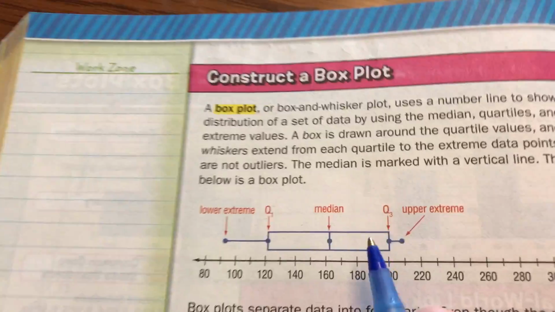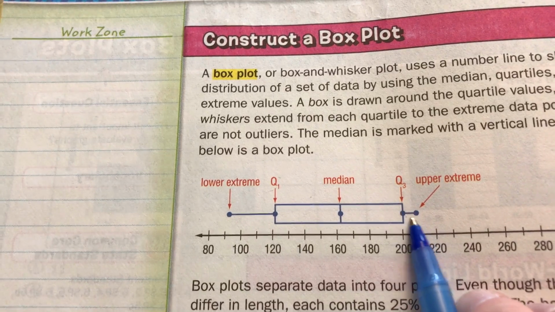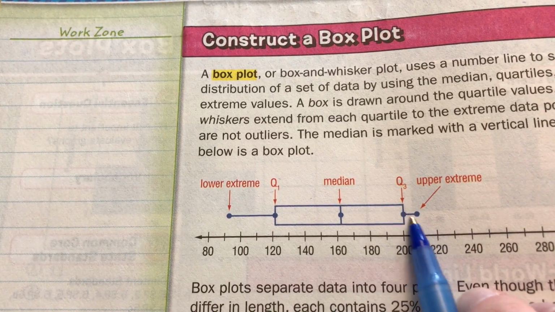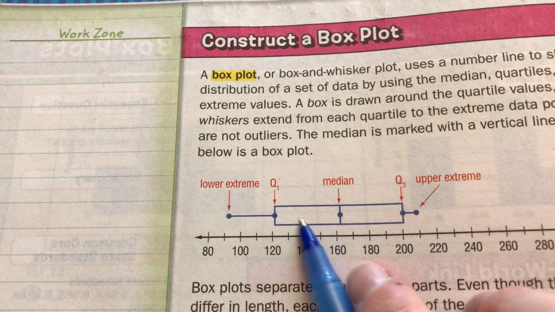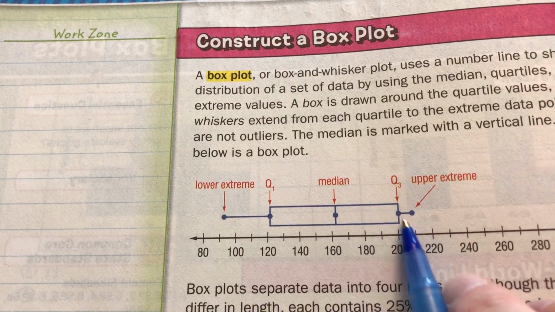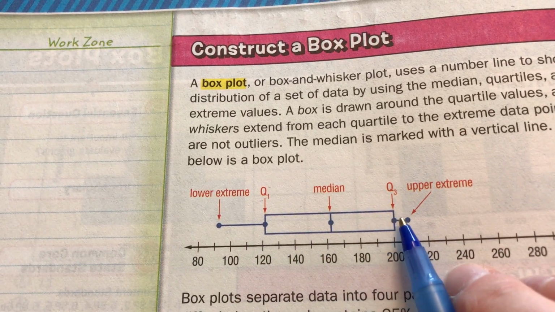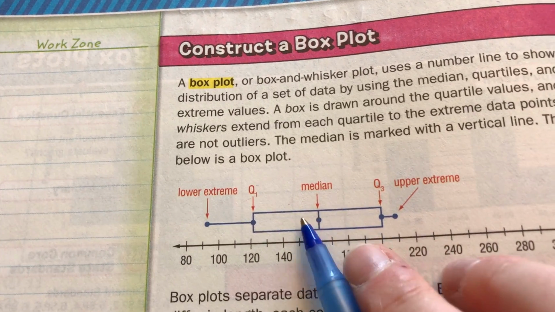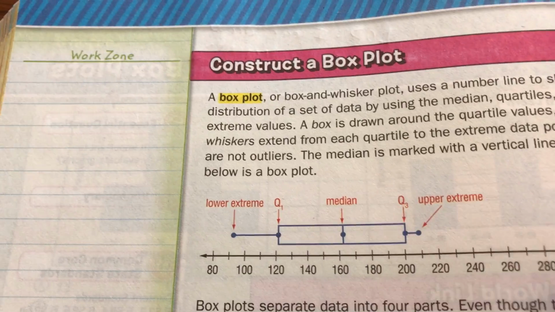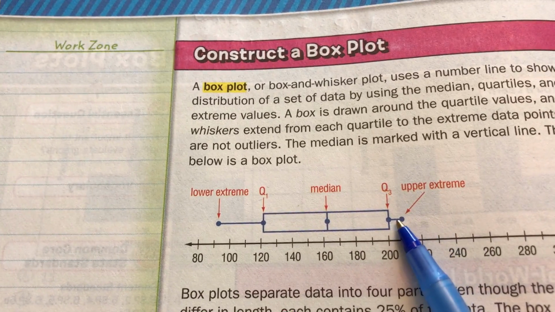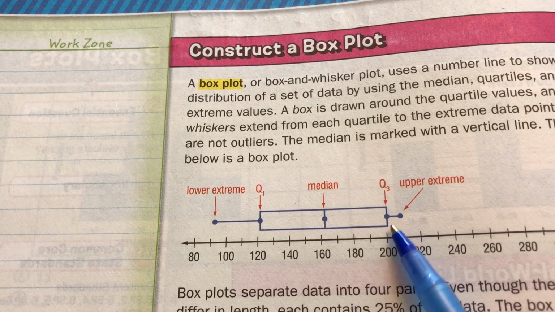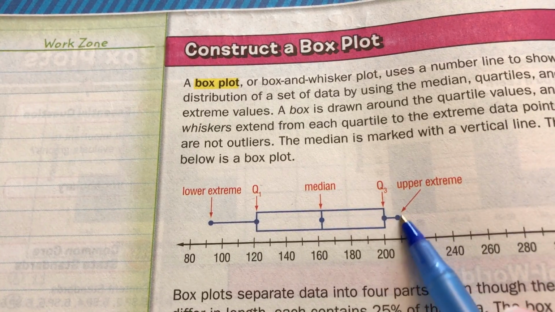So let's talk about that for a minute. This is really short. That means the data is not very spread out. The data is all really close together. Whereas this is way longer than this, and so is this first 25%. It's way longer than this. So the data in these sections are spread out farther than the data in this. This is more concentrated. It's not as spread out in this 25%.